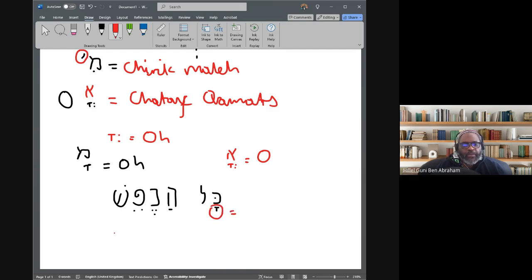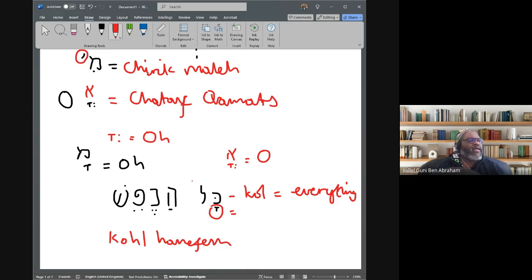So this now becomes Kol Hanefesh. Kol Hanefesh. What does it mean, Kol? In Hebrew, it means everything. Like the psalm says, Kol Haneshama Tehalel Yah, Hallelujah. I think it's Psalm 150. It means all and every living soul must bless Hashem.